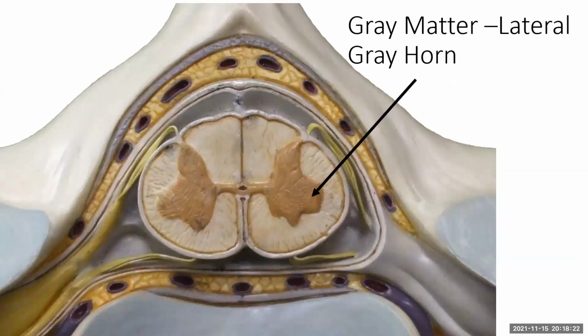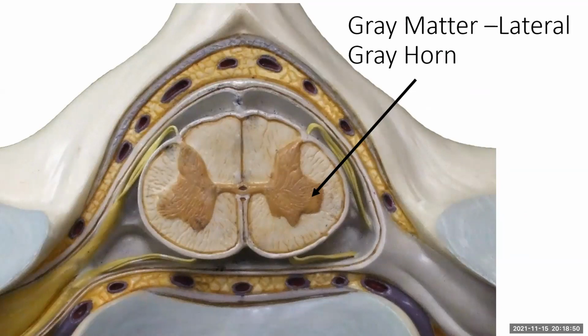Now you can see, as we move further anteriorly, here's the lateral gray horn. The lateral gray horn is going to contain the cell bodies of our preganglionic neurons when we're talking about our autonomic, specifically the sympathetic division of the autonomic nervous system.